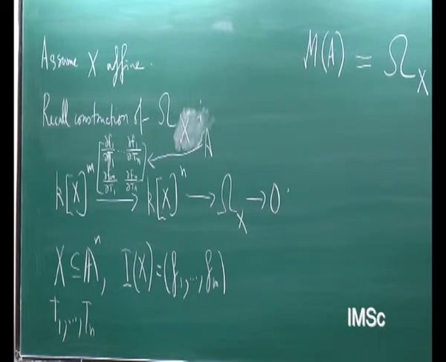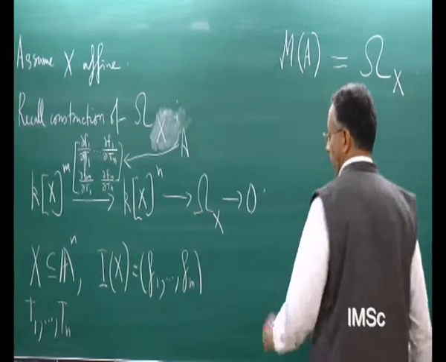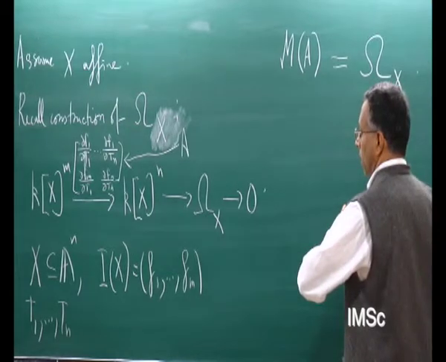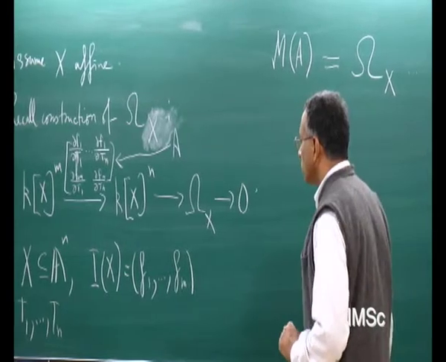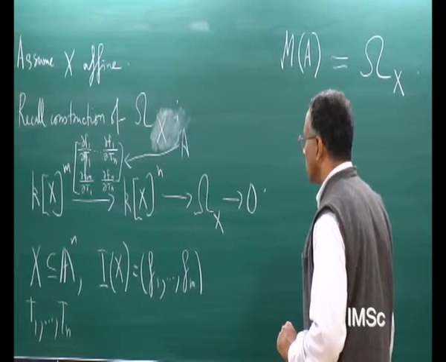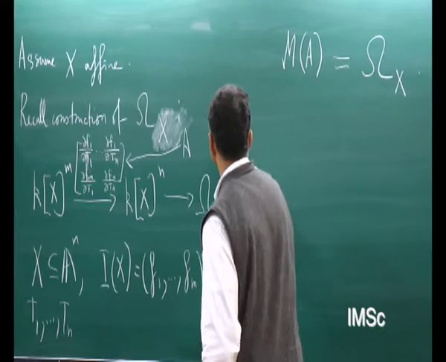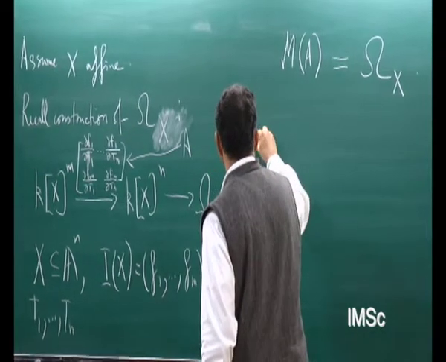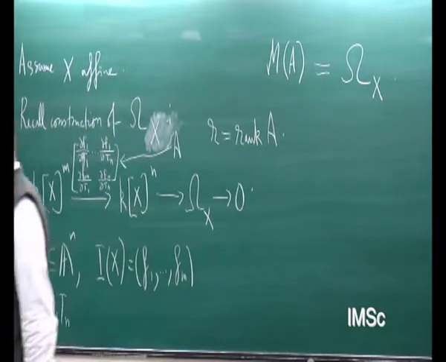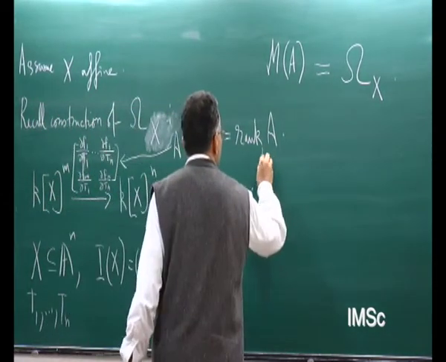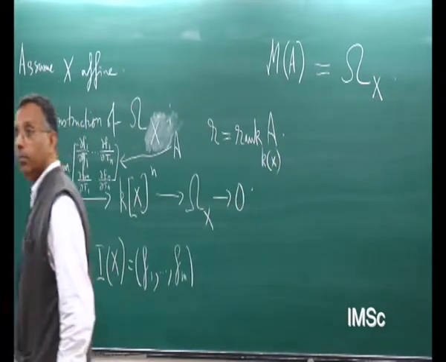So moreover, we also know that, okay, so the point is let r be the rank of this A over K(X), that's what is rank.